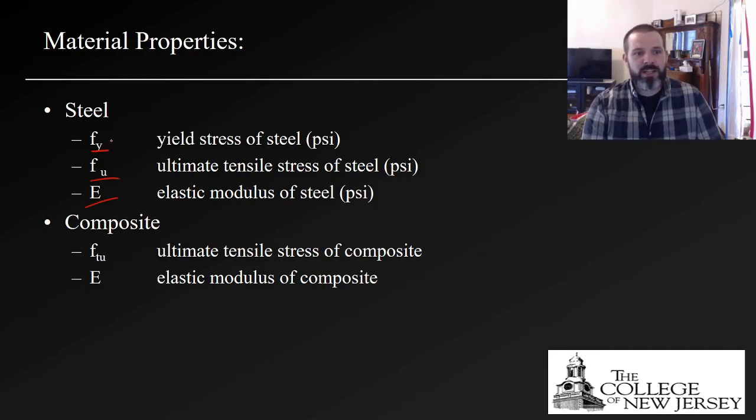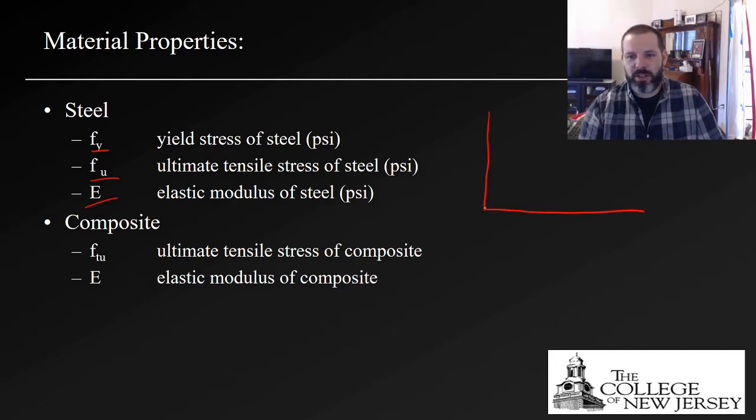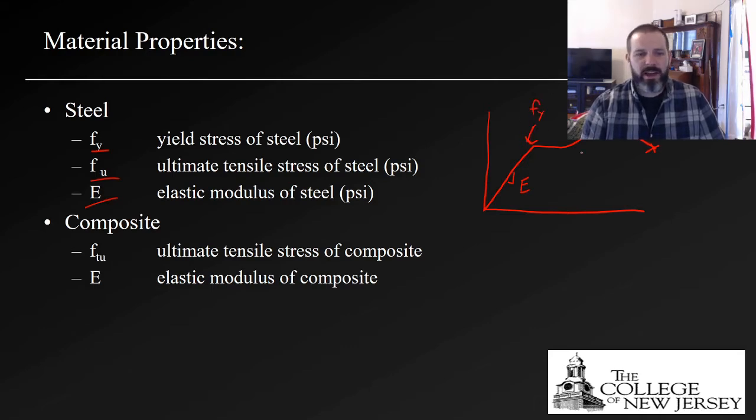Now, we need basically three properties for steel, because if we draw a stress strain diagram, we know that steel generally has a linear elastic portion, which gives you E. It hits a yield point and then does strain hardening and ruptures. Here, at that point, we call that Fy. And at the end, here, we have Fu.